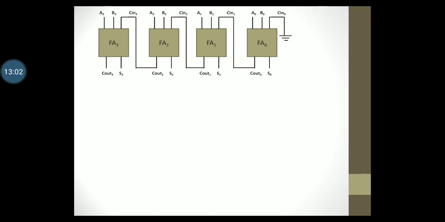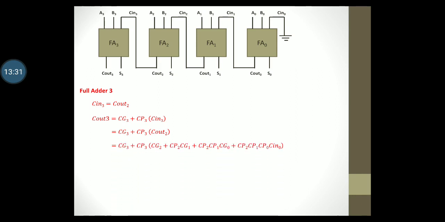In the same way, we can calculate for full adder 3. Cin 3 is equal to C out 2 and C out 3 is equal to CG3 plus CP3 into Cin 3. But you know that Cin 3 is equal to C out 2 and thus the equation becomes CG3 plus CP3 into C out 2. We'll substitute the value of C out 2 and open out the brackets.